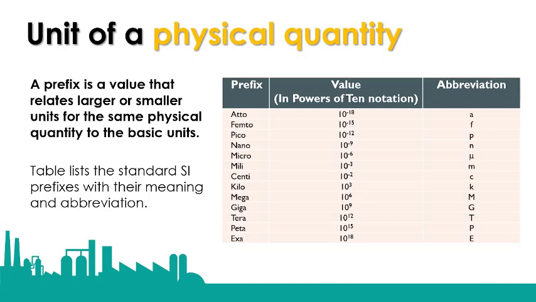there can be a megagram, which is 10 to the power of 6, or millions of grams. On the other hand, a nanometer is 10 to the power of -9 meters, or 1 billionth of a meter.